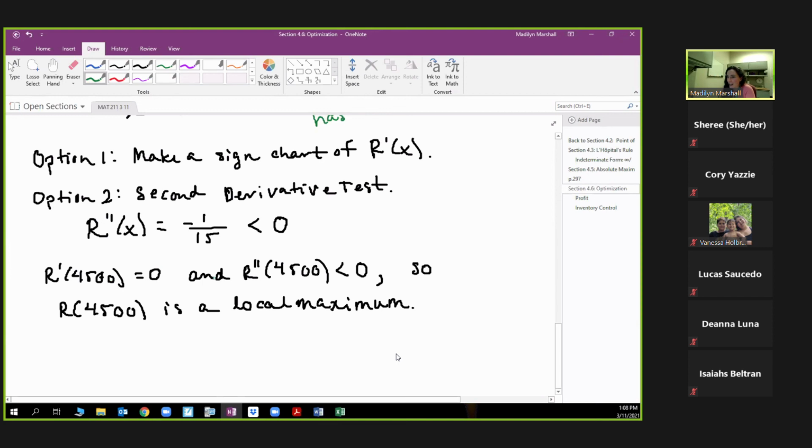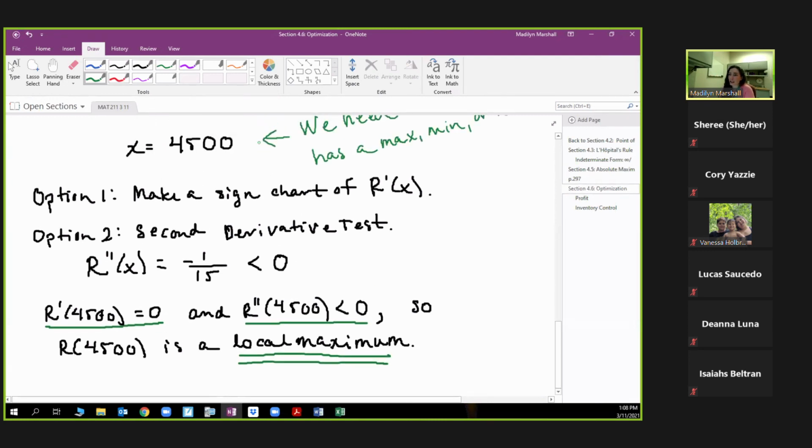Okay, so we have these two conditions. If r prime is 0 and r double prime is negative, then we definitely have a local maximum. So the second derivative test has confirmed that this number we found earlier by setting the first derivative to 0 is in fact going to give us a local maximum.